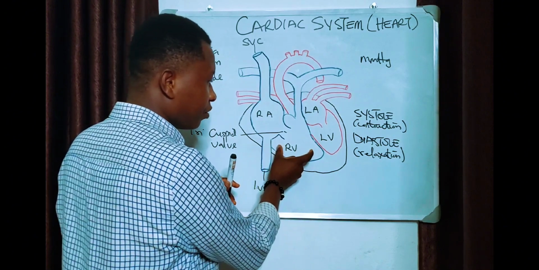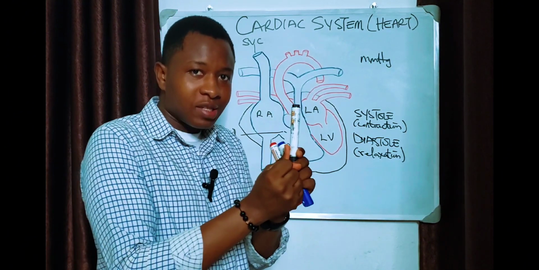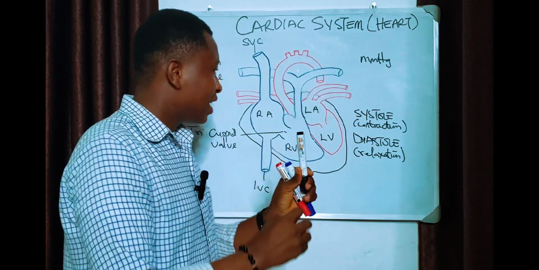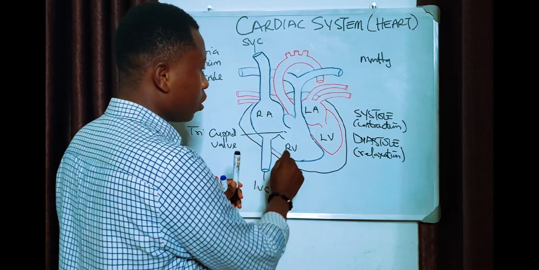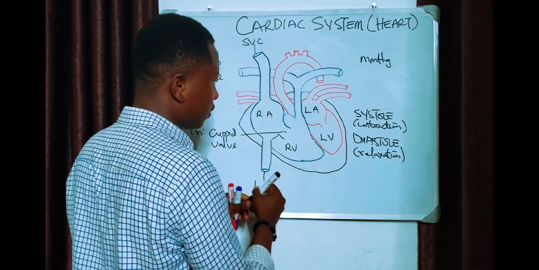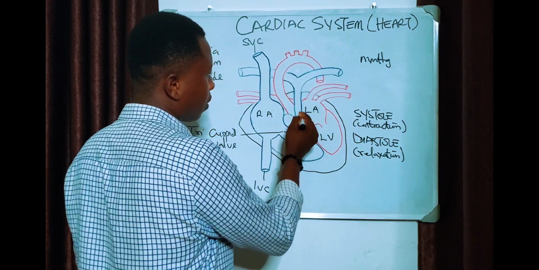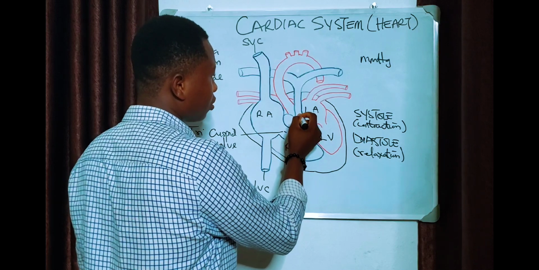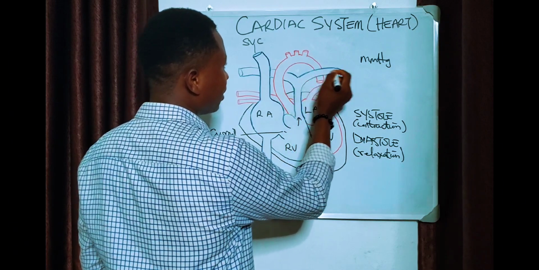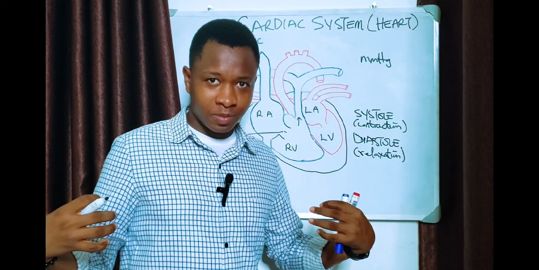What happens in the ventricle is that when the blood gets into the ventricle, it contracts. That contraction pushes blood out through this artery, and it branches to the two parts of the lungs.